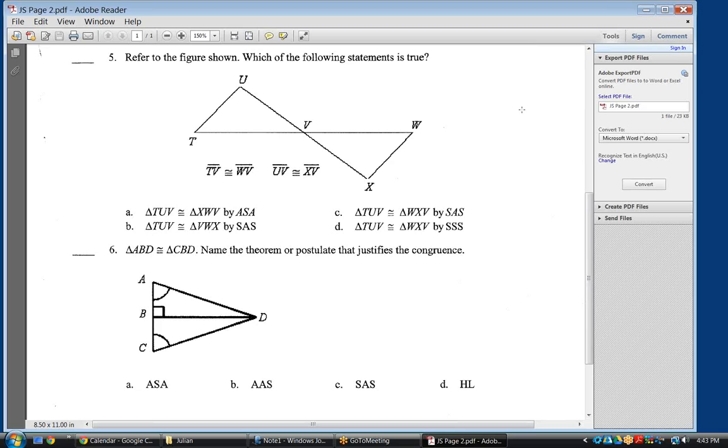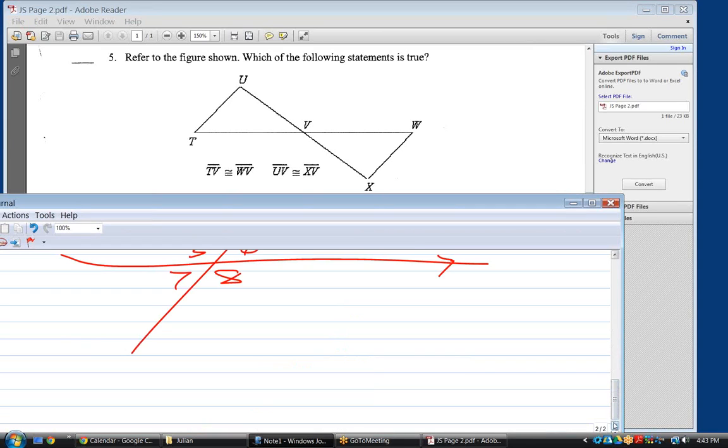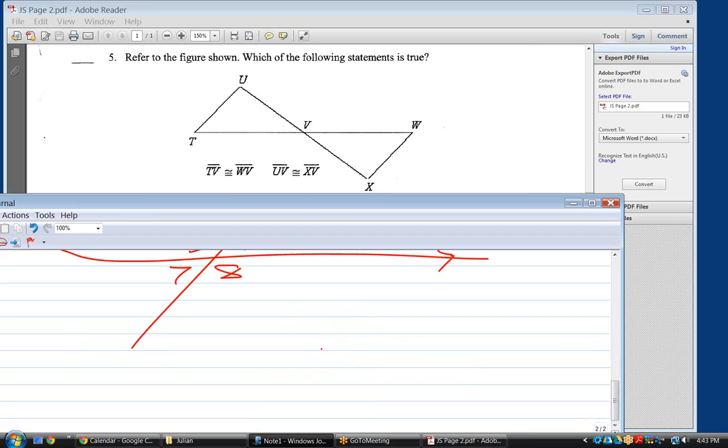They're corresponding? No. What else do we know whenever you have two crossing lines? When I have two crossing lines like that, this angle is equal to that angle, and this angle is equal to that angle.